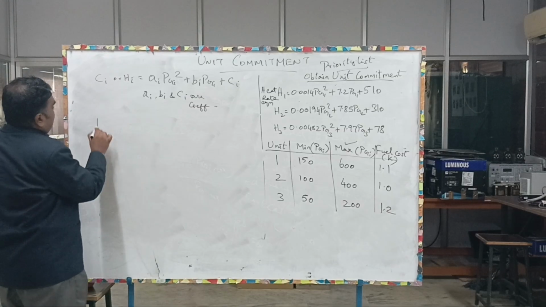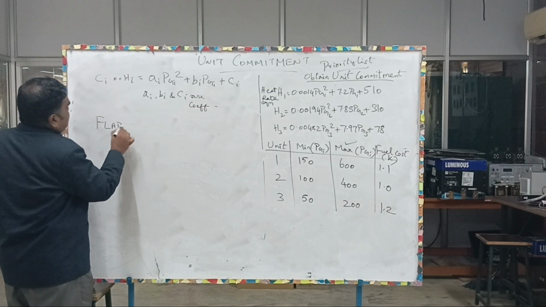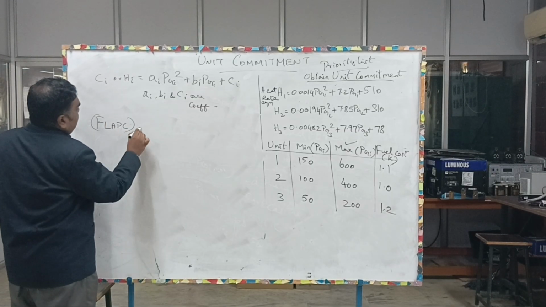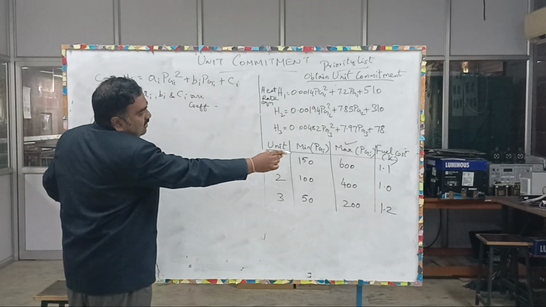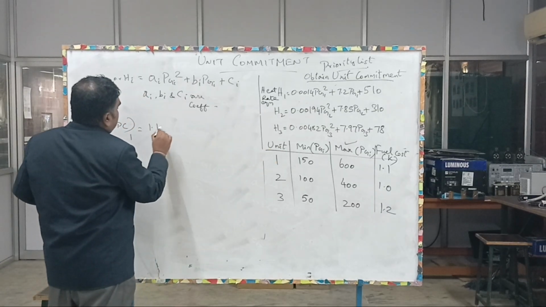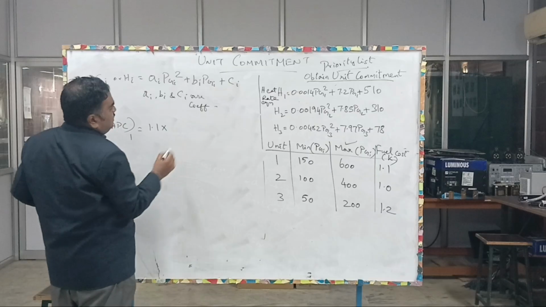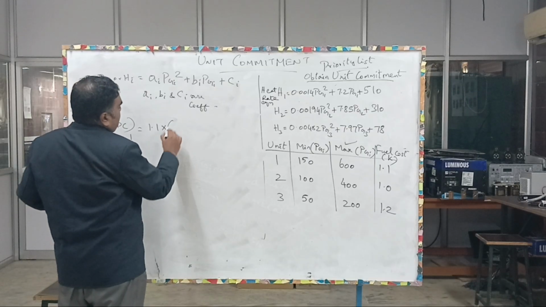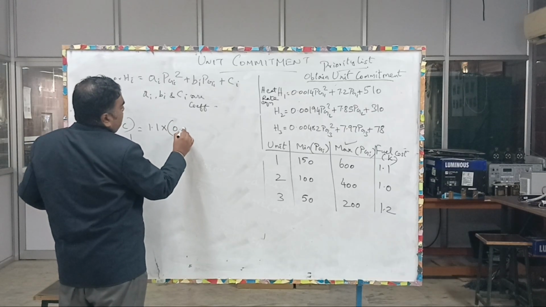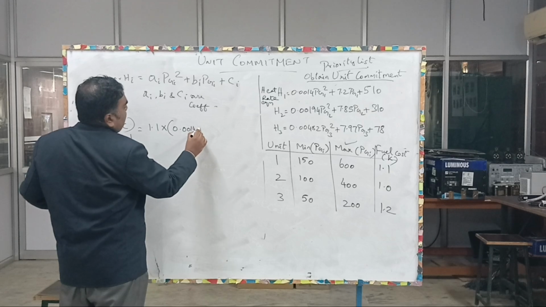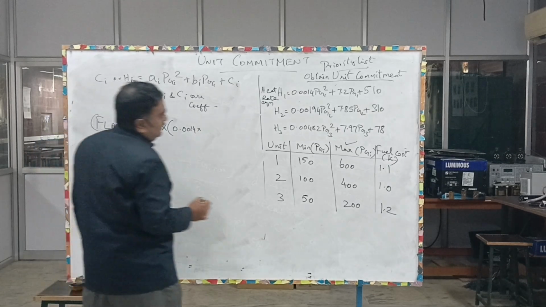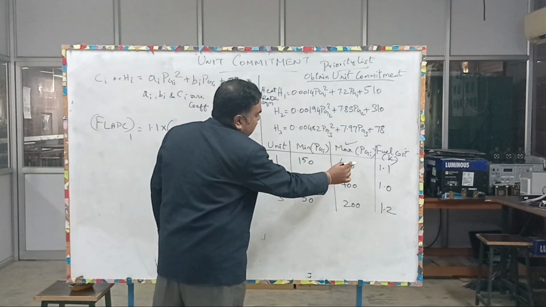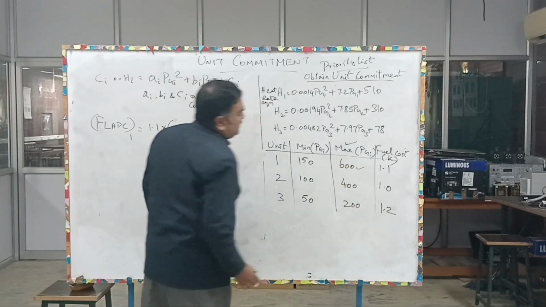So first we can find out the FLAPC of unit 1. So what is the fuel cost of unit 1? It is 1.1 into, you have to substitute in this equation. So what is the first equation? You have 0.0014 into Pg1 squared. So in place of Pg1 you have to put Pg1 max.